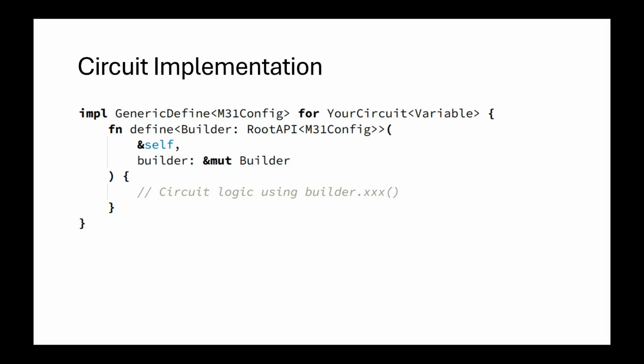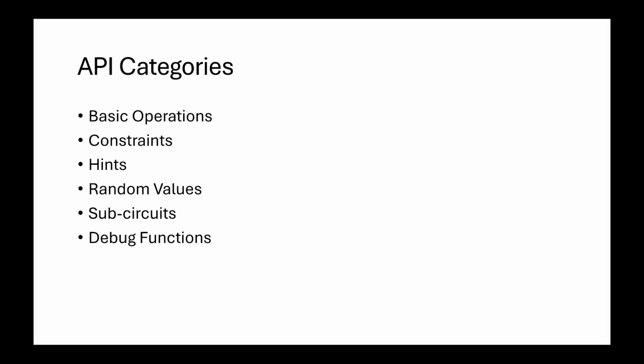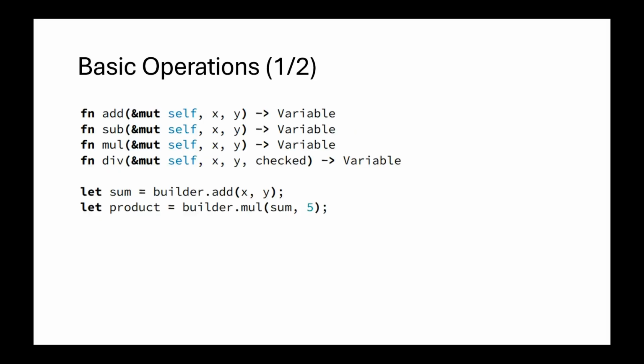The detailed APIs will be introduced very soon. There are roughly 6 categories of APIs. Firstly, basic operations. Like we can add 2 variables, sub 2 variables, multiplication and division.